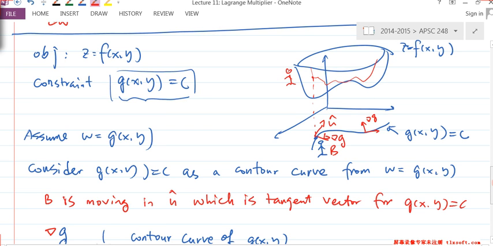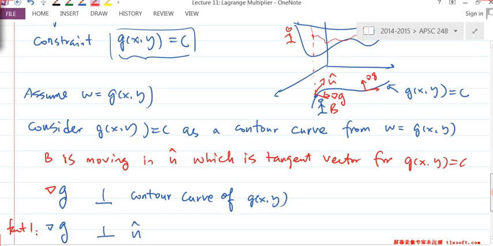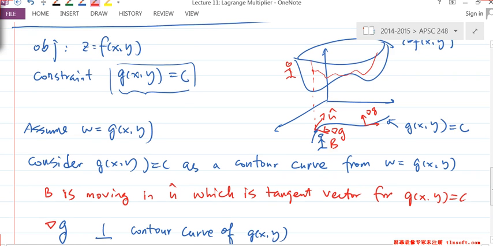So if this guy happened to be at a minimum location, corresponding maybe to this location, right?